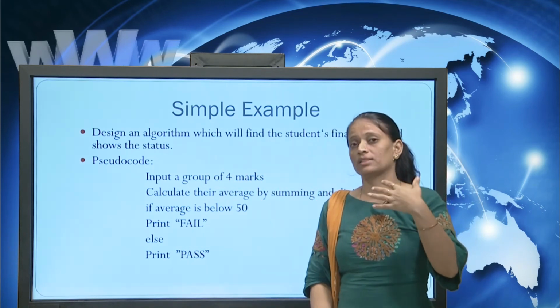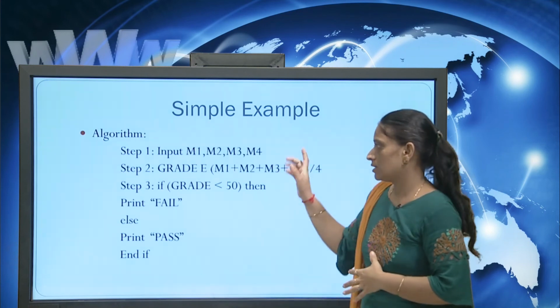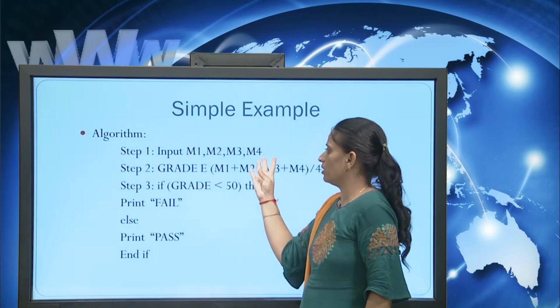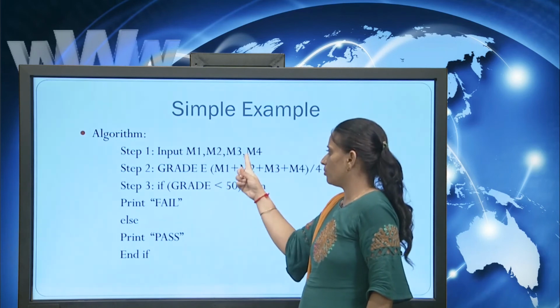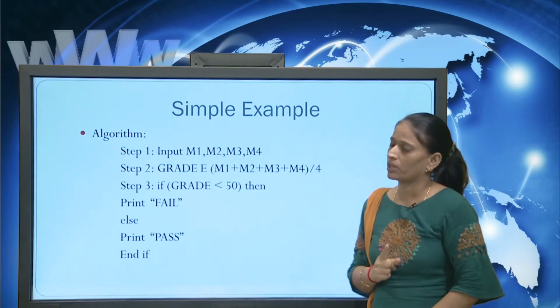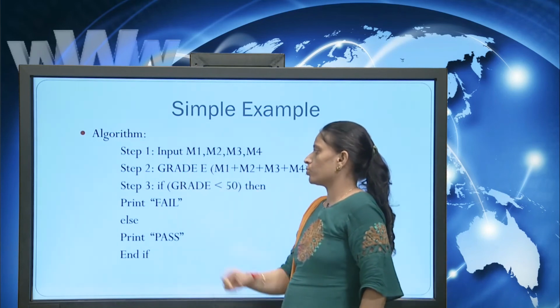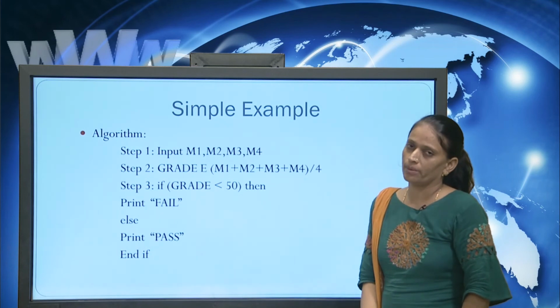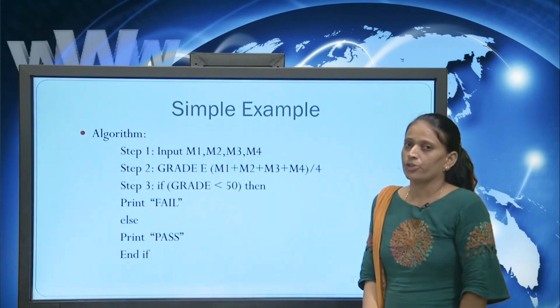Now let me show the systematic version of this, the algorithm. In the first step, we input the 4 values m1, m2, m3 and m4, which represent the subject marks. In step 2, we find the summation of those numbers and get the average.